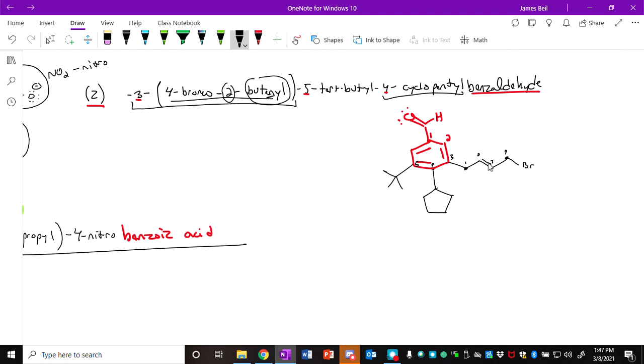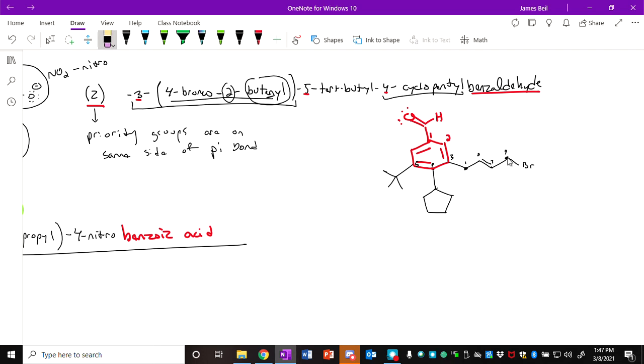But the name tells me whether that's correct or not. And a Z means that the priority groups are on the same side of the pi bond. Right now, I have them on opposite sides, so I have to fix that.